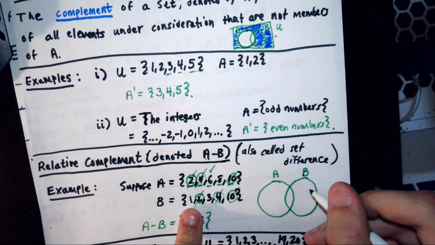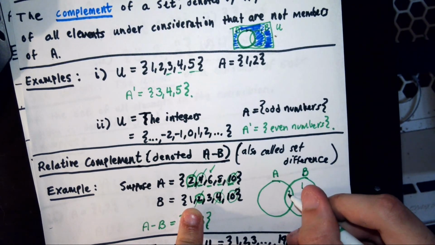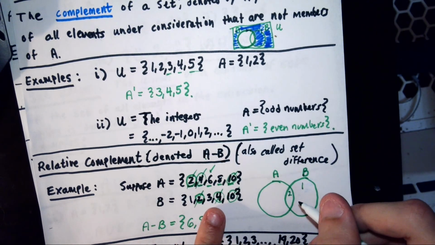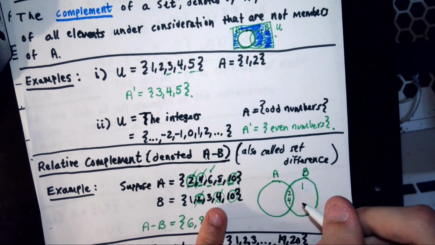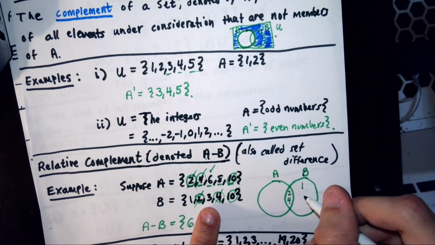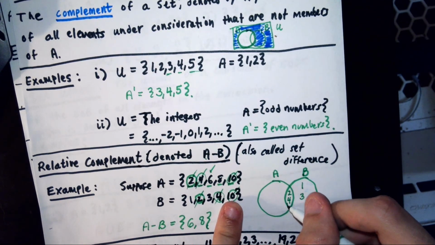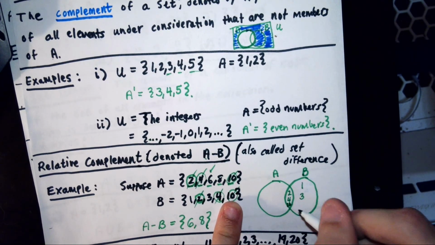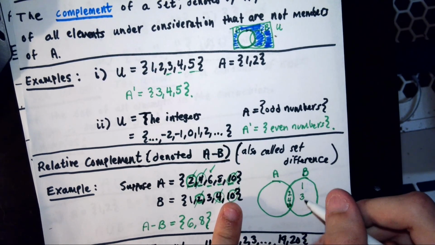B contains the number 1. 1 is only in B, right? 2 is in both sets. 4 is also in both sets. 3 is in B only. 10 is in both sets. So, sorry, that's a little hard to read, but there's 2, 4, and 10 in the middle here. And then there's 1 and 3 on the outside.